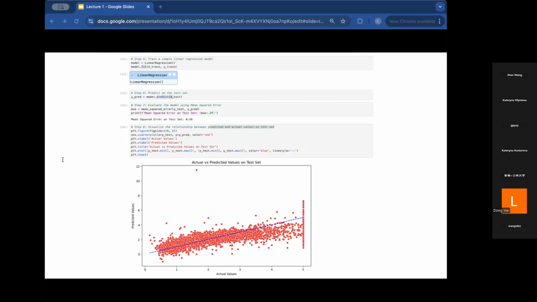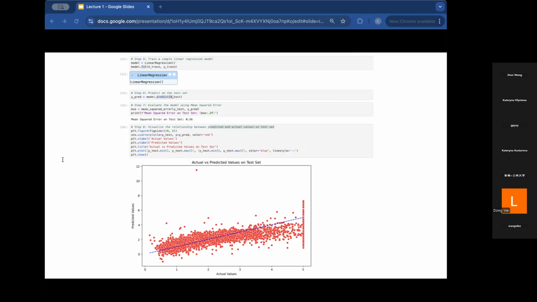And to further evaluate the performance of our model, we plotted the actual values against the predicted values on the test set. The scatter plot showed the relationship between actual values on the x-axis and the predicted values on the y-axis, with the blue line representing the ideal scenario where predicted values perfectly match actual values.